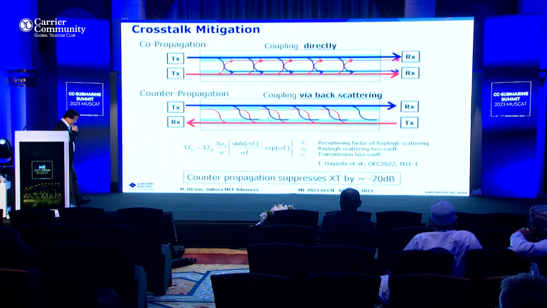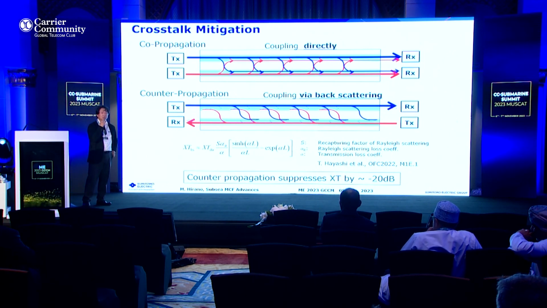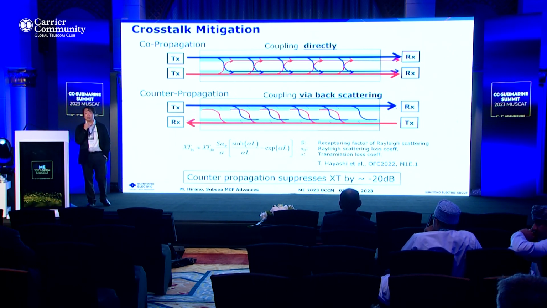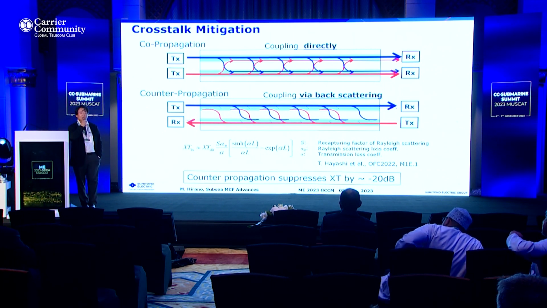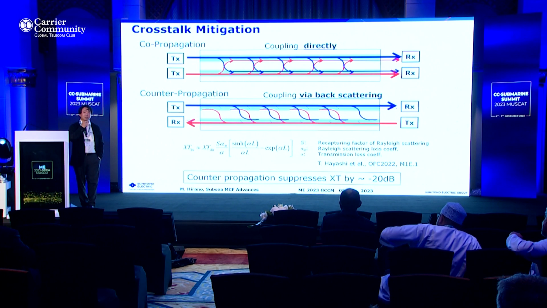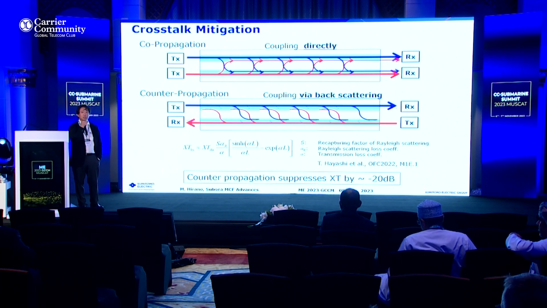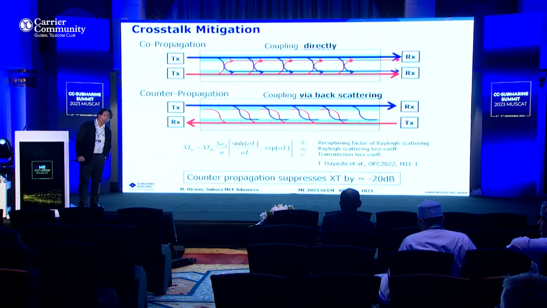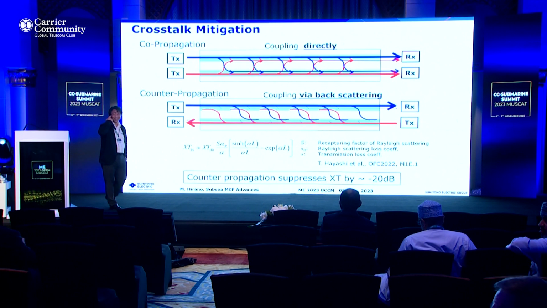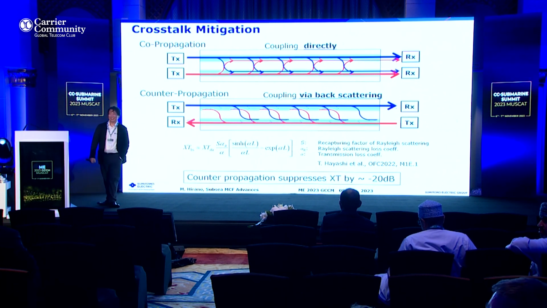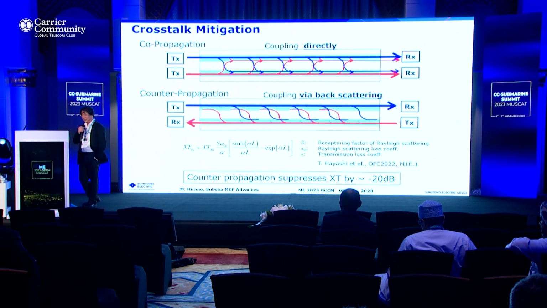This means that the power leaked into the other core is negligibly small. So you do not need to be concerned about the coupling effect degrading the transmission performance. Is that okay? Yes, thank you very much.